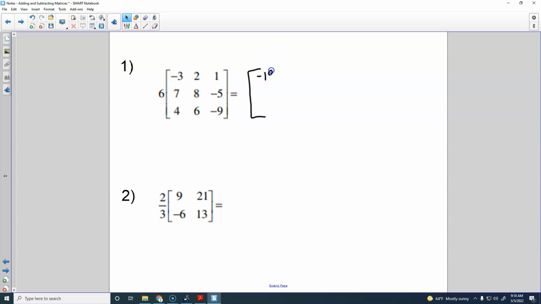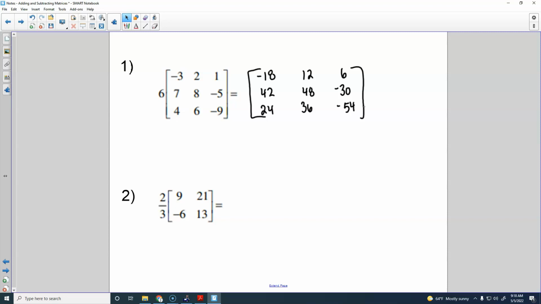So we'll get -18, 42, 24, we'll get 12, 48, 36, 6, -30, -54. So it's just an exercise in multiplication tables.